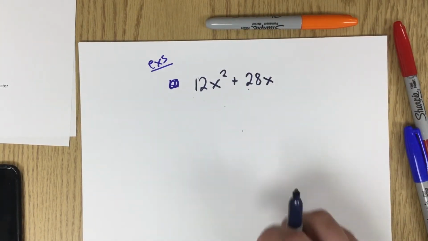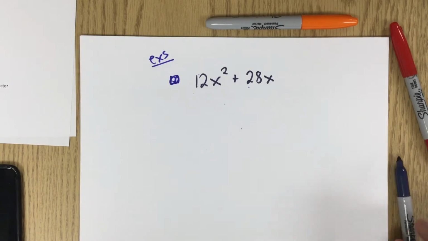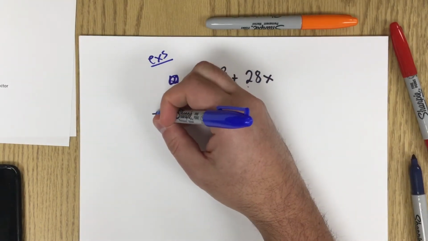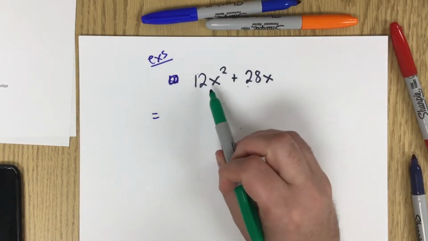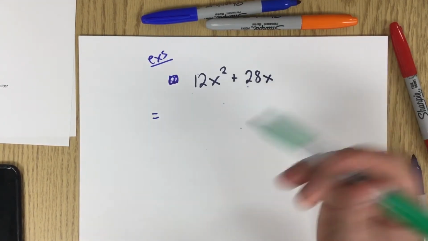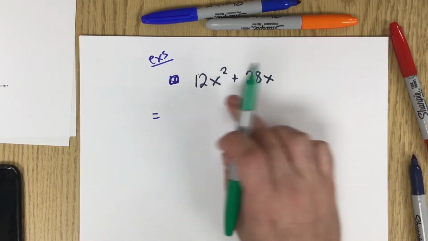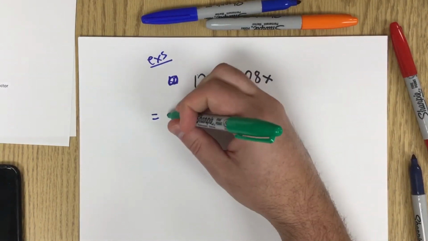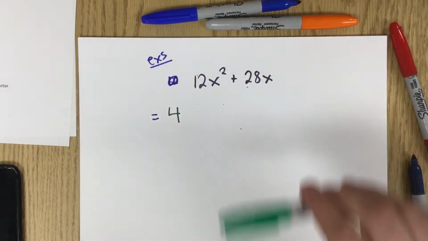28x. So what we're going to do is find a common factor. Between 12 and 28, I could divide them both by 2 or 4. 4 is the bigger one, though. So 12 divided by 4 nicely, 28 divided by 4 nicely. So 4 is going to be the greatest common factor.